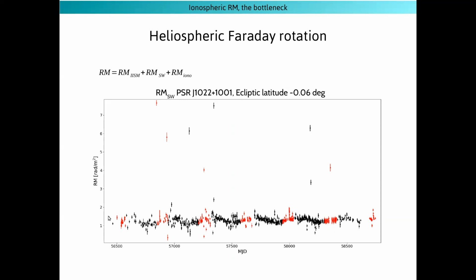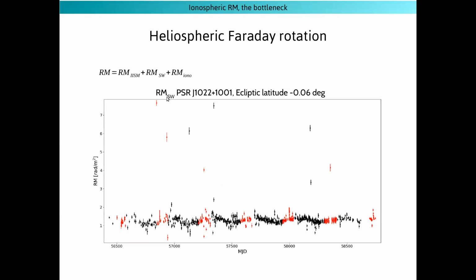As an example, I am showing here the RM time series towards the already mentioned 1022+1001. And you can clearly see that superimposed on the RM time series of the solar wind, there is this clear sine wave, of which we know the origin.